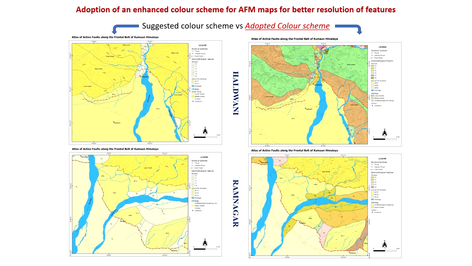So, if you see on the left hand side, we have the shades of the same yellow color, but on the right hand side, for example, if you look at this portion here, and then this portion over here. The issue was that we were unable to differentiate, on the paper print, the color variations of different shades of yellow, and it was difficult to differentiate between the older and younger landforms.